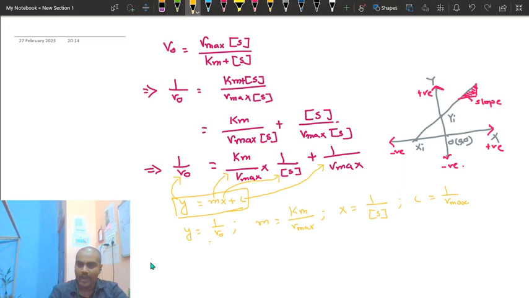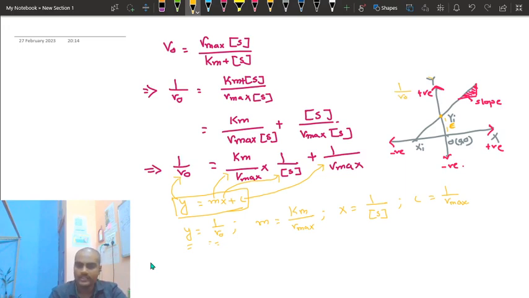This point that I mentioned is known as the intercept of the y-axis. On the other hand, this portion is also known as the c. Now you can see that the value of y is 1 by V0, so this is the y-axis, meaning the value of y will be 1 by V0.